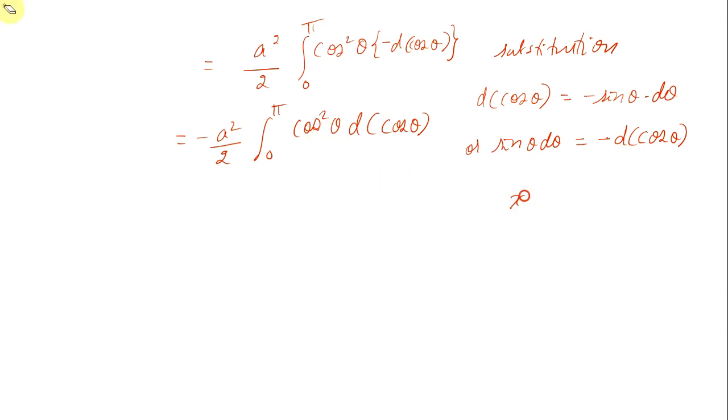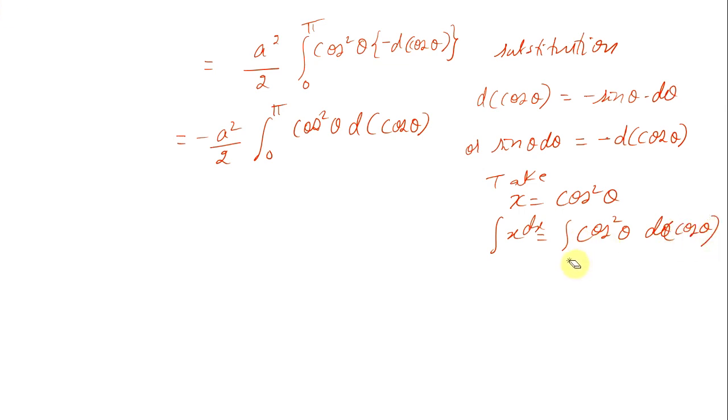So just take x is equal to cos theta, then integration of x square dx will give you integration of cos square theta into d cos theta.